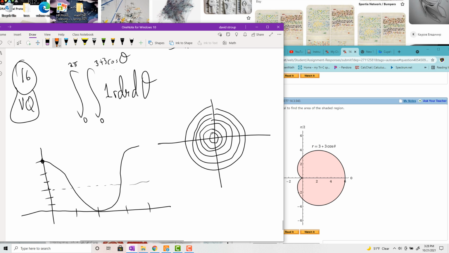I start out at 6 right here, and from 0 to pi over 2 it's dying down to 3. Then it dies down to 0 at pi, right here, and then it increases back to 3 at 3 pi over 2, and then back to 6 right here. So it's from 0 to 2 pi, long story short.